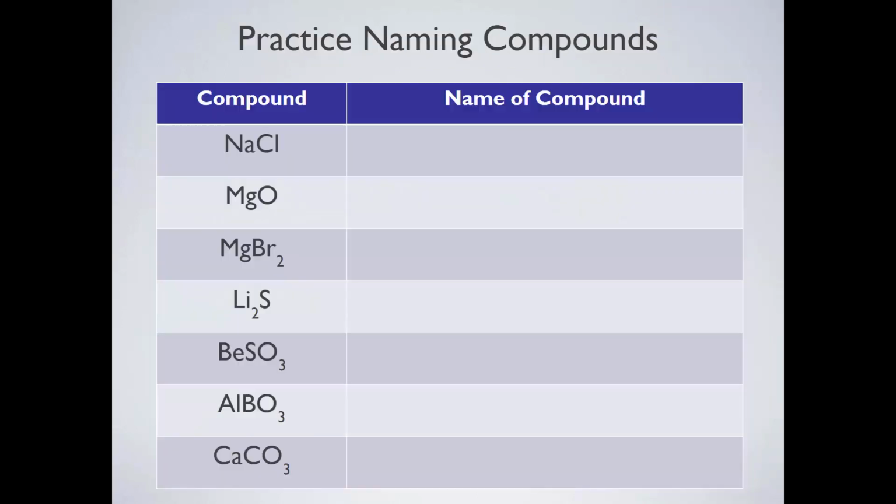So what would we call this? Raise your hand. We already did this. Sodium chloride. MgO. Magnesium oxide. We typically omit that mono part if it has only one. How about MgBr2?